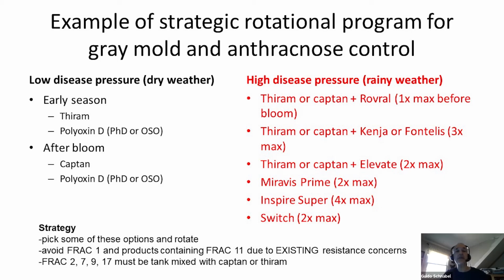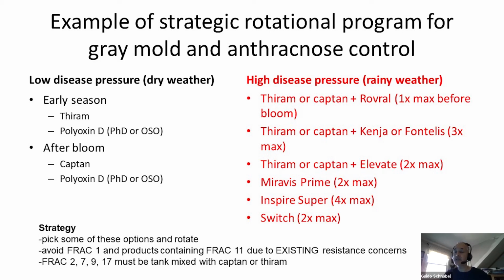Depending on the season, Thyram is a good product to be used early season. Captan is a very good product to be used later in the season. Captan has an edge on anthracnose disease, whereas Thyram has an edge on gray mold disease, but they're both active against both diseases. So that's under low disease pressure, dry weather, no major rain events in the forecast.